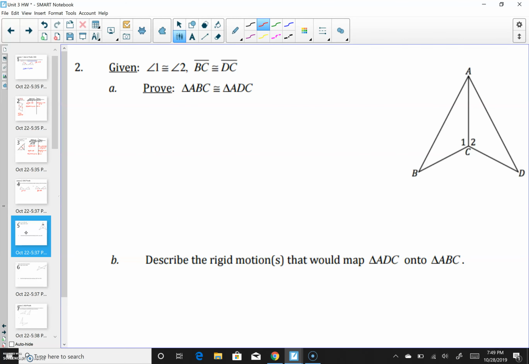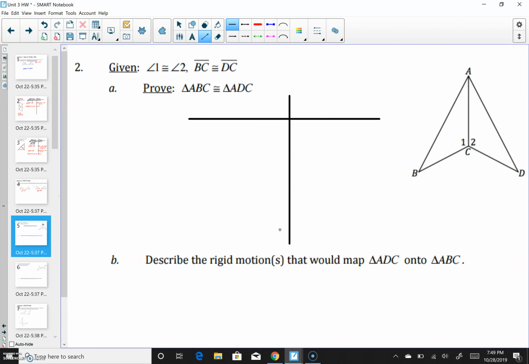Number 2, angle 1 is congruent to angle 2, and BC is congruent to DC. They want us to prove that triangle ABC is congruent to triangle ADC. So I'll start by making my chart. We have our statements and our reasons.